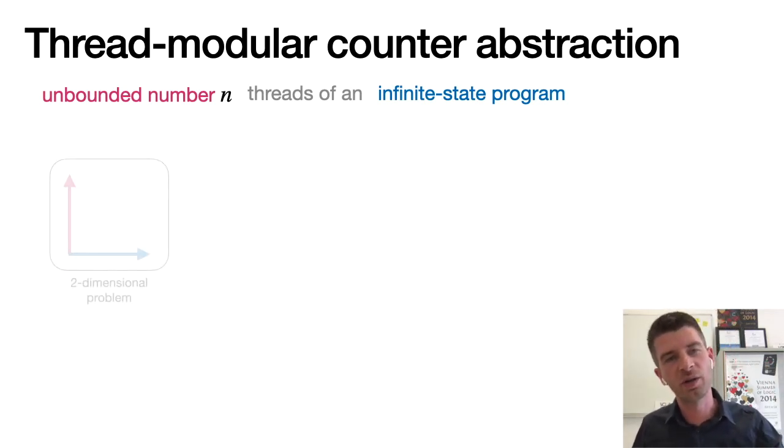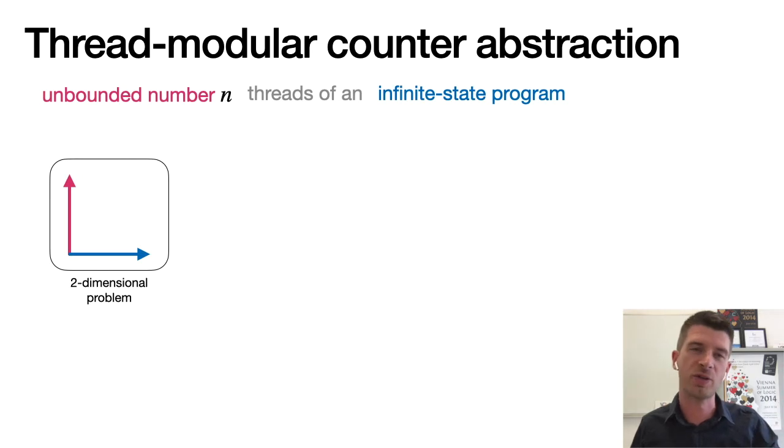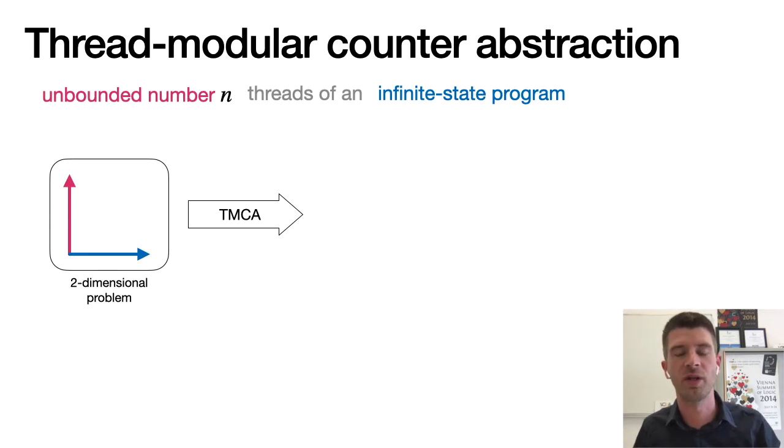So we start out with this two-dimensional parameterized program verification problem. And then what we do is we apply something that we call thread-modular counter abstraction, or for short TMCA, to this two-dimensional problem to fold one of the infinity dimensions, the parameterization, into the other one.